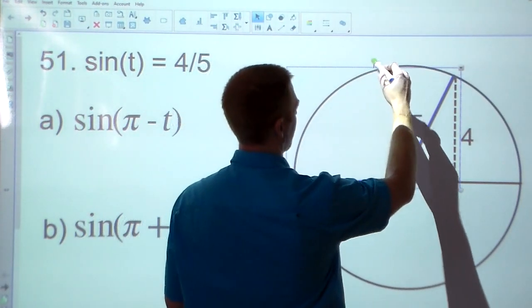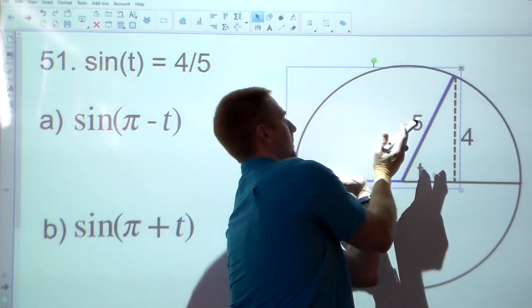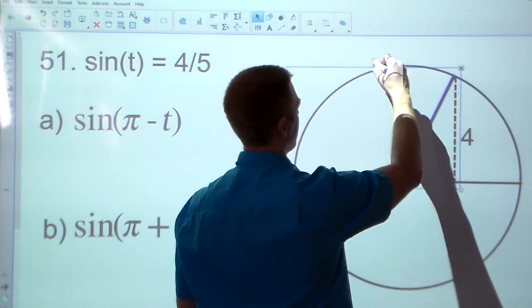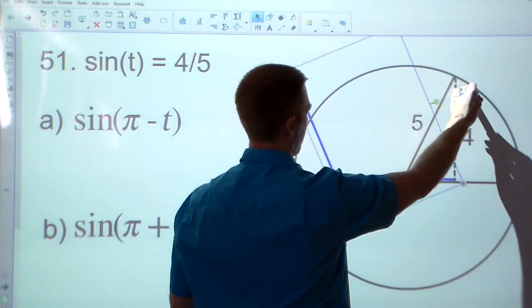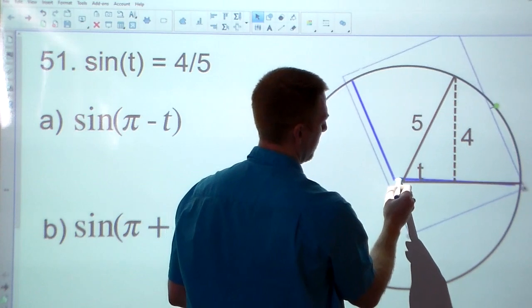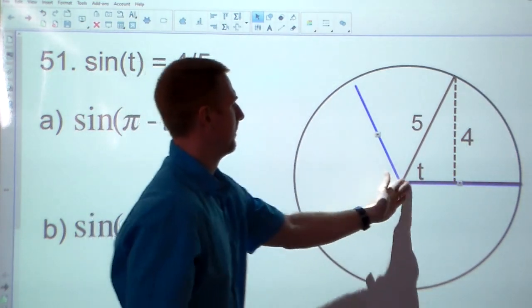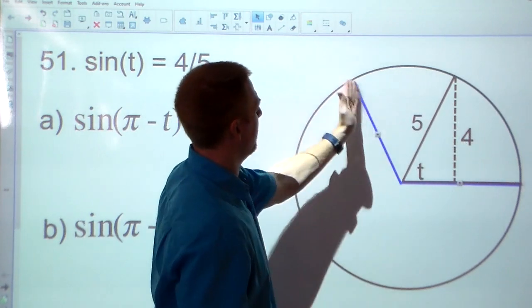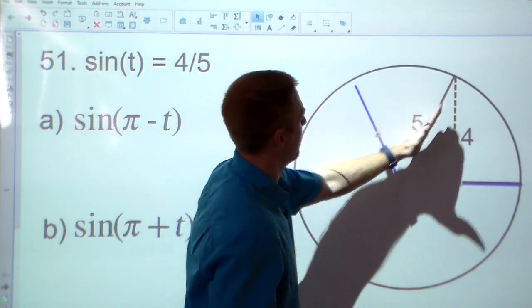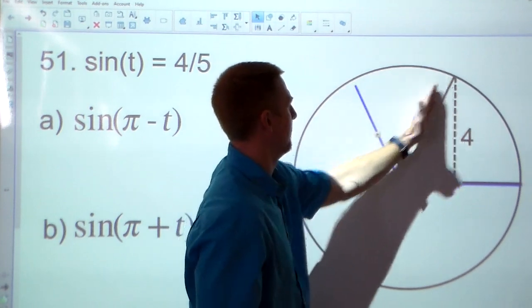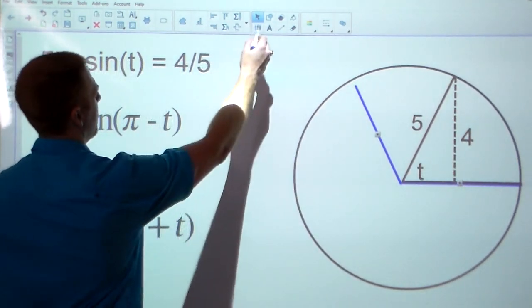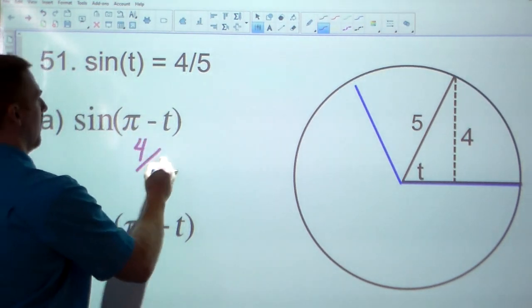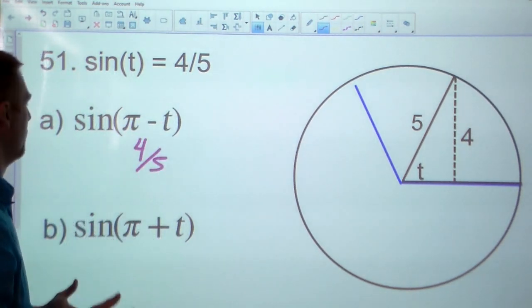If you rotated this angle, the supplementary angle, over, so it started at the positive x-axis, then let's think about where that would land, over here. The line doesn't turn out perfect, but the y value, the height, is going to be the same thing. So if the sine of this angle is 4/5, and you looked at the supplement, it is also going to be 4/5.